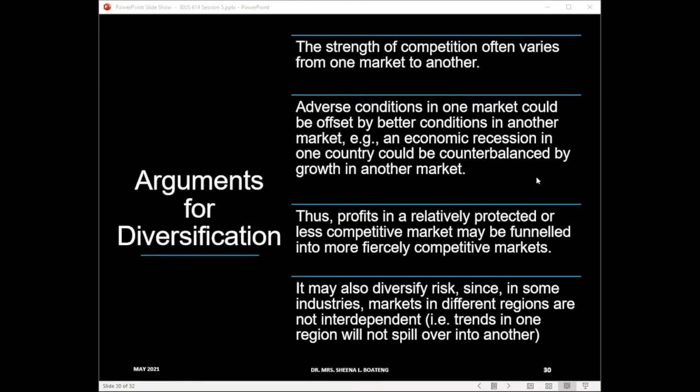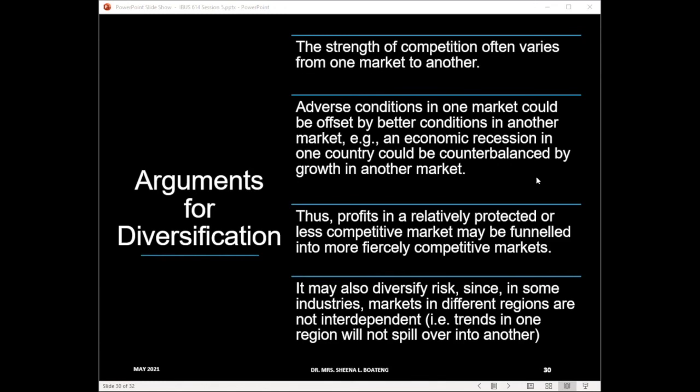So profits in a relatively protected or less competitive market can be funneled into fiercely competitive markets to keep the firm afloat in those markets, which cannot be achieved with a concentrated approach where all the markets have similar characteristics, such that a change in the environment in one market is likely to be experienced in some of the other markets.